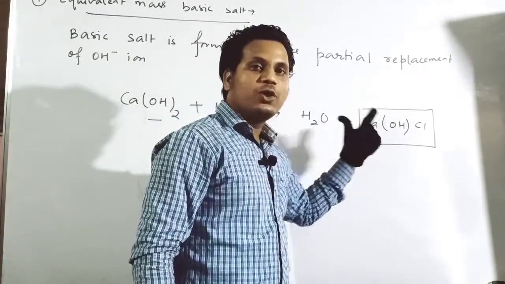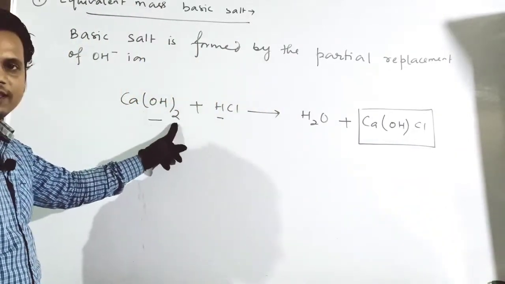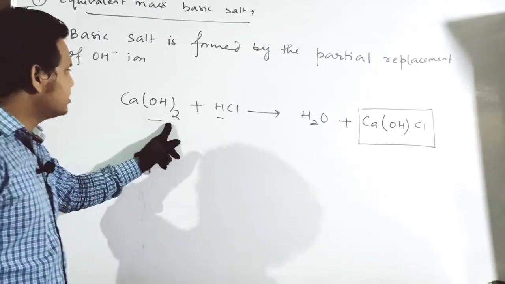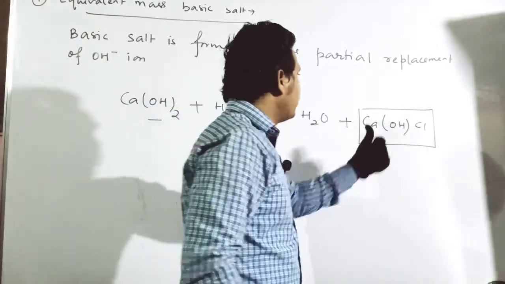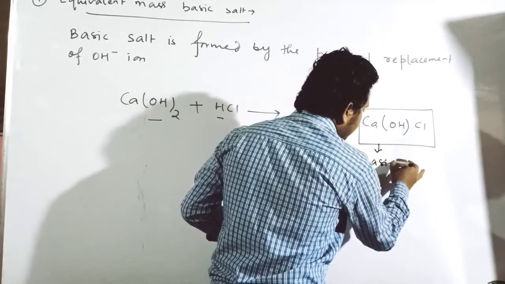So this salt is formed by the partial replacement of hydroxyl ion, not completely. If complete replacement were there, then we would take 2HCl. So this salt is a basic salt.